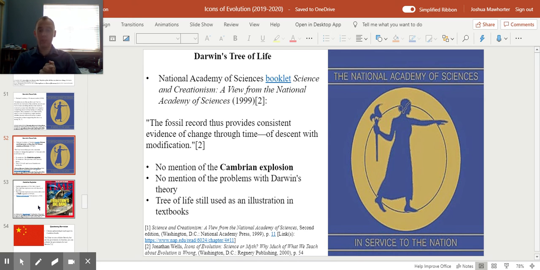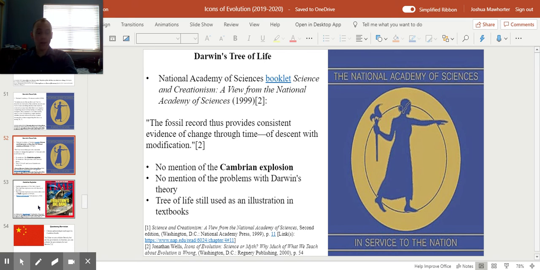But usually what descent with modification is saying is that there is a point of common origin, and that there is a divergence from there that becomes all the species and kinds, adding information over time to what we see today, which is not true and not what the evidence shows. There's no mention in this booklet from 1999 of the Cambrian explosion.